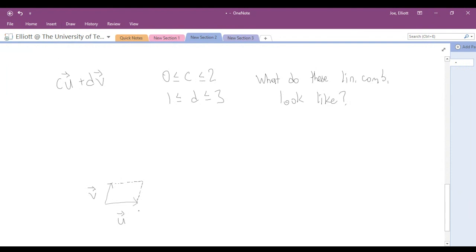Now, if I allow c to go up to 2, so when c is equal to 2 and we would have 2u, we know that 2u is going to bring us all the way out to here. So 2u is twice the length of u.